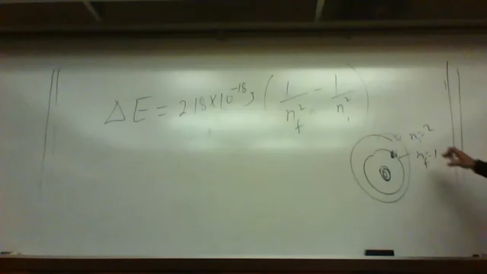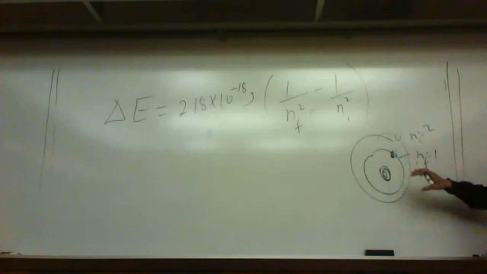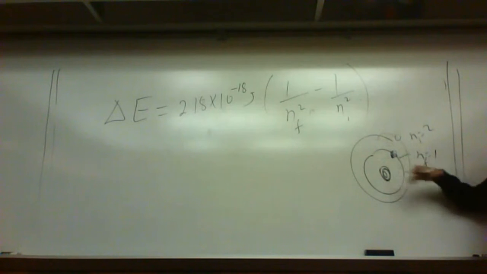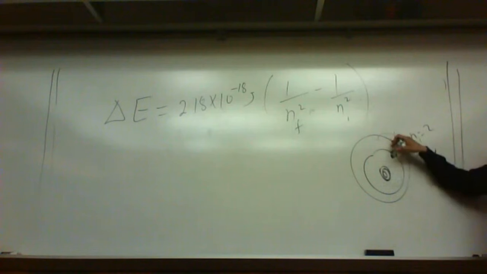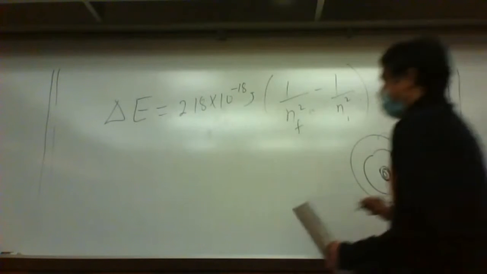The electron is jumping from 2 to 1, and we are just interested in the difference: how much energy it would release if the electron jumps from 2 to 1, or how much it would absorb if it jumps from 1 to 2. So we are basically interested in calculating the difference of energy between n equals 1 and n equals 2. Let's put the values here.